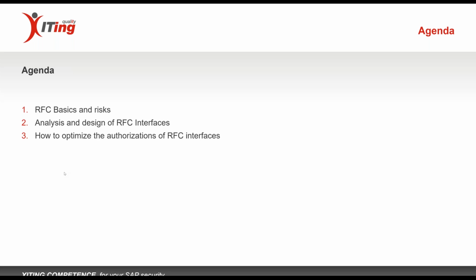So you have to have clean RFC interfaces to also design clean custom RFC authorizations for the RFC users who are hard-coded in the RFC interfaces and the RFC destinations. We'll have a look at both: firstly at the RFC destinations and interfaces and what the important things in there are. And afterwards, we'll look at what we can do for the authorizations, which will then also minimize the risks associated with this topic quite tremendously.